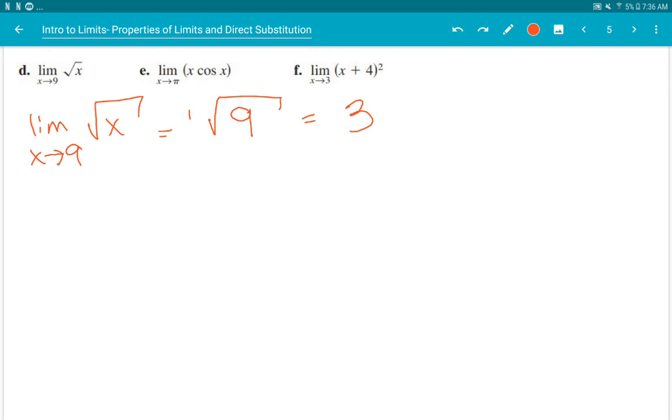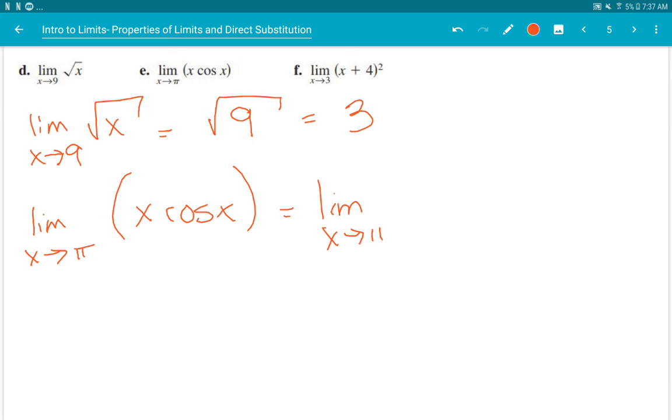All right, so here, let's do the limit as x approaches pi of x cosine x. Here's one that you kind of want to use the property for. Since it's a product, we can write this as the limit of the first part of the product, which is x, times the limit of the second part of the product, which is cosine x. So we can split that up so we can use the property. What's the limit of x as x approaches pi?